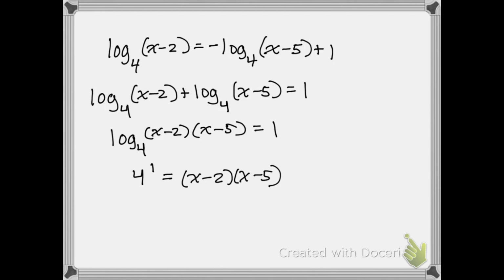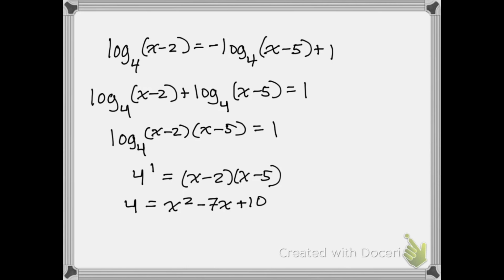Well, how do I solve from here? Hopefully I recognize that I have a polynomial, and the way that I solve a polynomial is by setting it equal to 0. So we're going to have to do a little bit of work, expanding this by doing FOIL, and then setting it equal to 0.